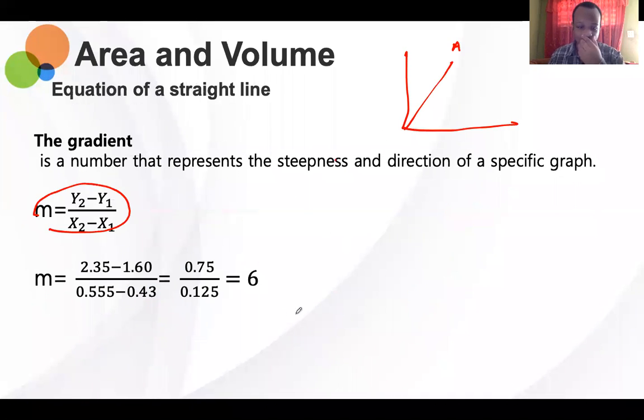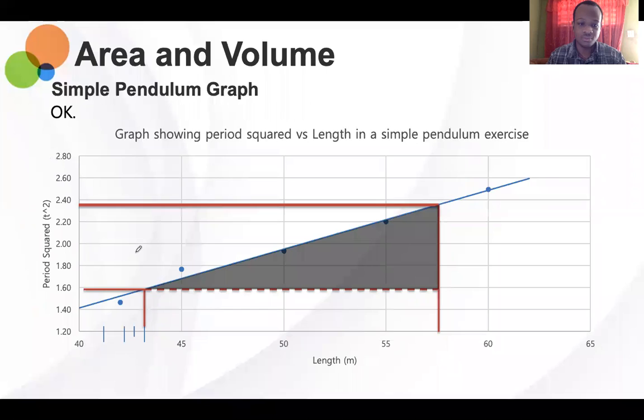So we just plug in our values, right? Remember we said that the y2 is about 2.35, 2.4 thereabout, just an estimate. And our y1 is about 1.60, right?